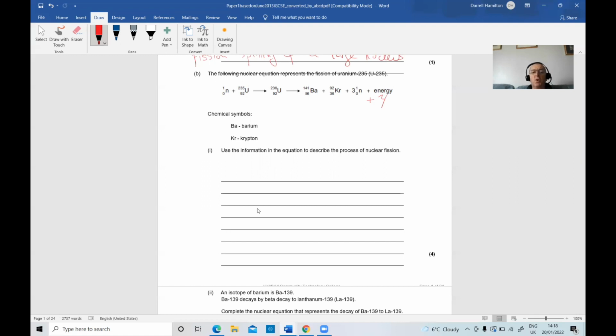So use the information. The uranium-235 absorbs a neutron. Becomes unstable, breaks up or decays into 2 daughter nuclei, or you could say smaller nuclei, but we like to use key terms, and daughter is the term we use.